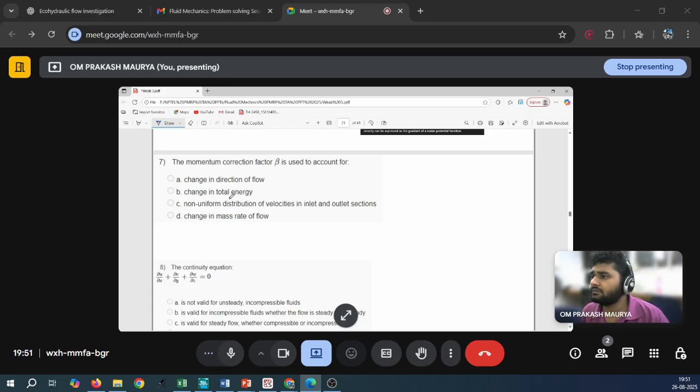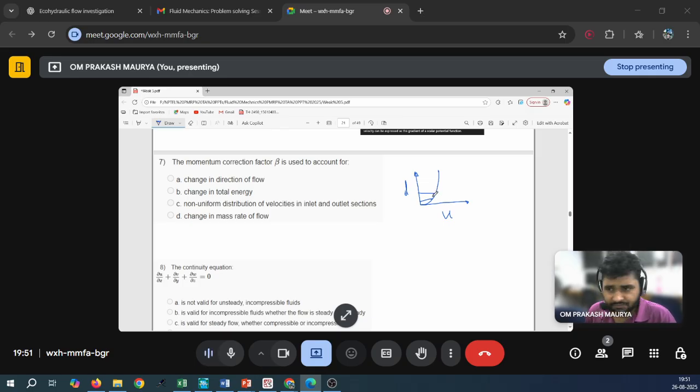So here, why is the momentum correction factor needed? As for the flow velocity, if I draw the velocity diagram here, this is depth, the flow velocity variation with respect to the depth. So it is like that. This is your velocity.